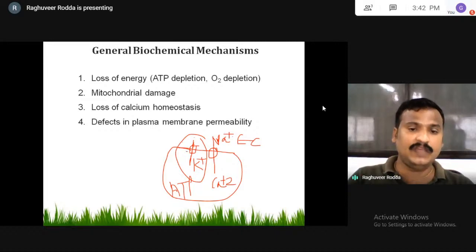phosphorylated. Whatever energy is present in the ATP should be transferred to this particular sodium potassium ATPase pump.